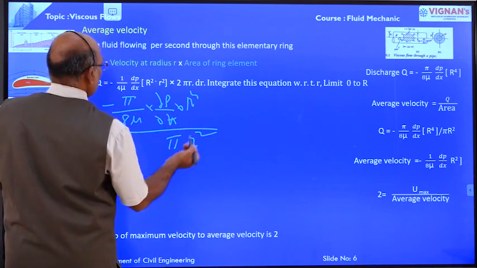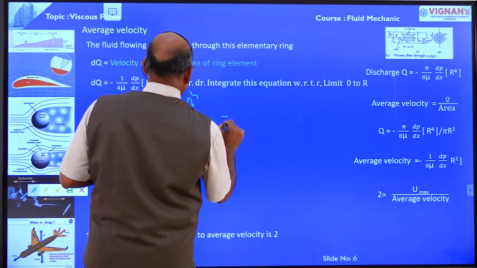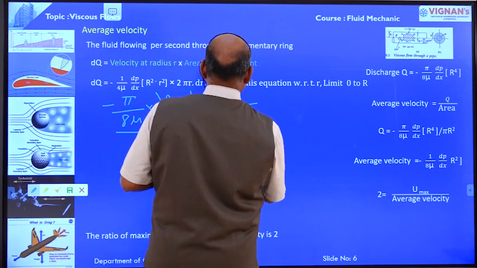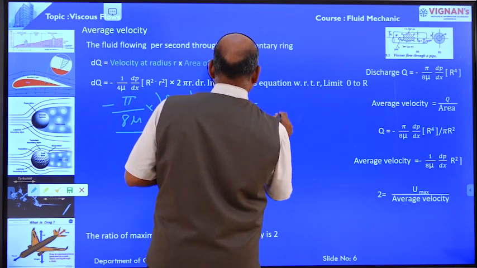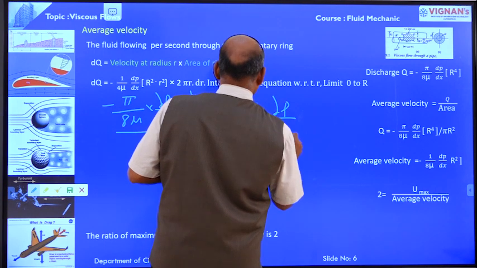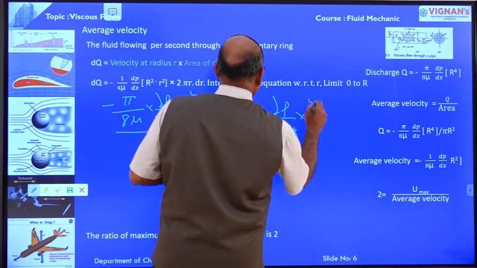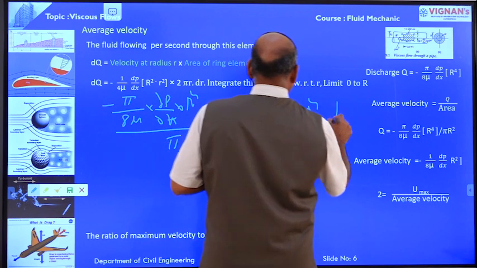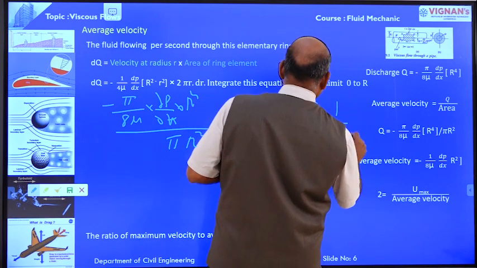This is equal to pi by 8 mu into dou p by dou x into r power 4 into 1 by pi r square.